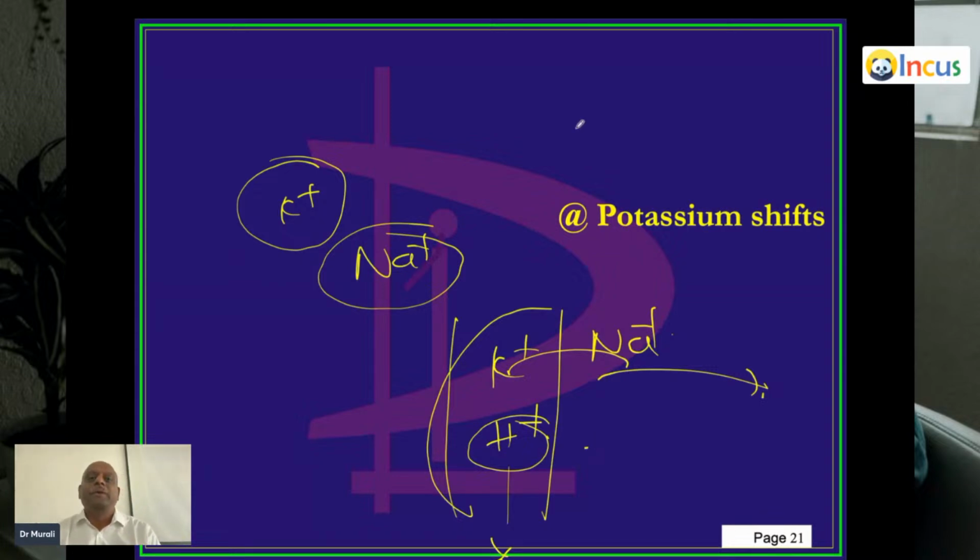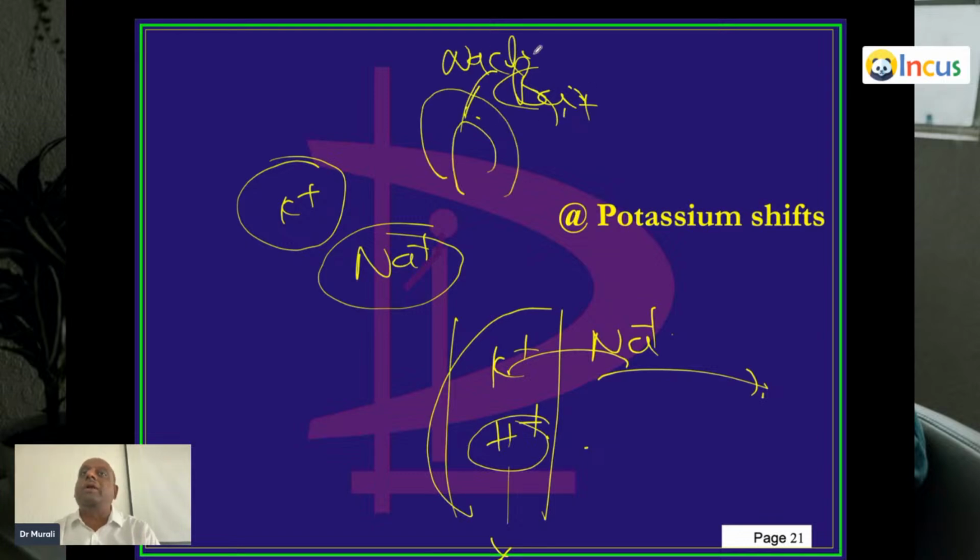Gitelman is a problem in the distal convoluted tubule and that is causing the sodium chloride co-transporter to be inhibited. That means sodium chloride is not reabsorbed. So sodium chloride is lost into urine, and along with that, water is lost into urine. That leads to hypovolemia.